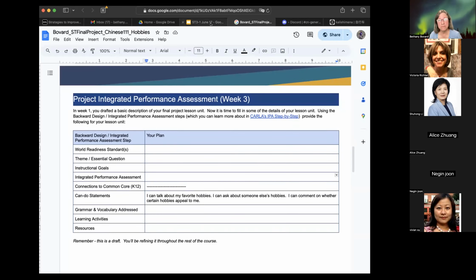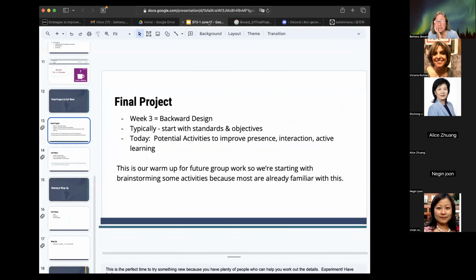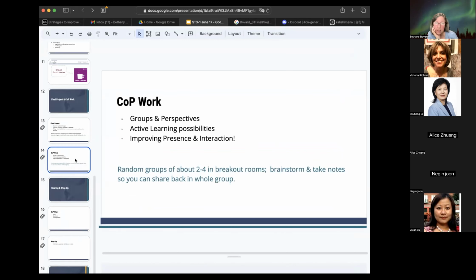Can you repeat the question? We are brainstorming active learning strategies, and strategies that can be used to increase cognitive presence, social presence, and teaching presence in our lesson units.